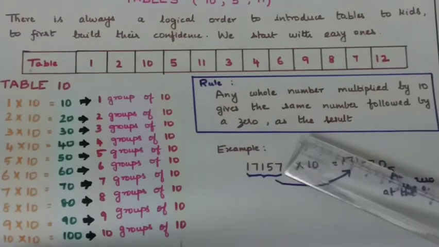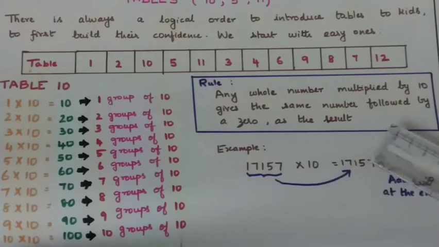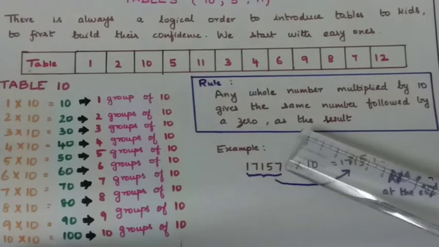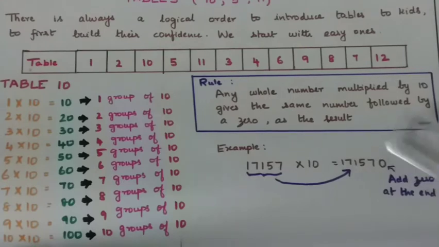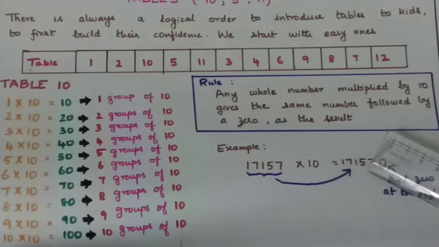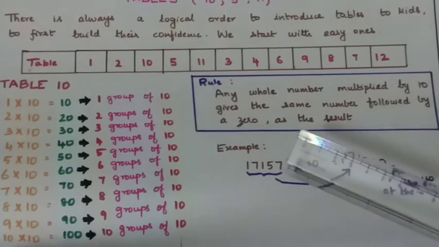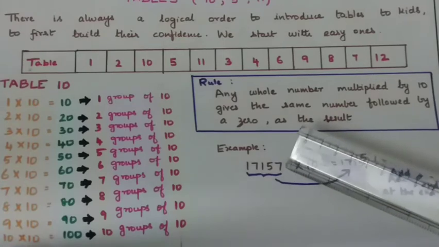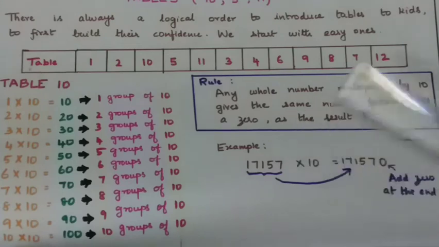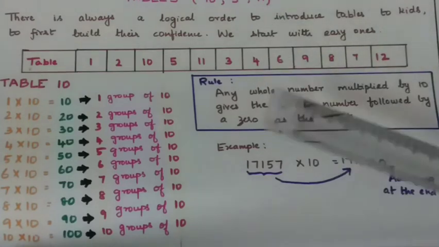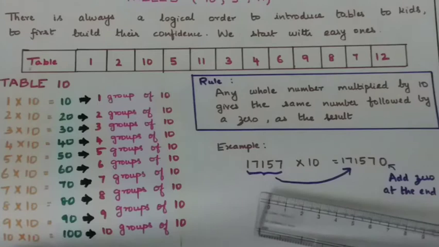When this needs to be multiplied by 10, the result obtained is nothing but the same 17,157 followed by a 0, which makes 1,71,570. So you need to just add a 0 to the end of any number when you multiply any whole number by 10. So this is about the basics of table 10.